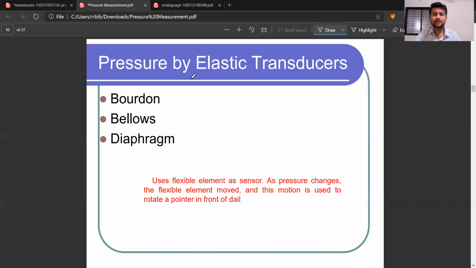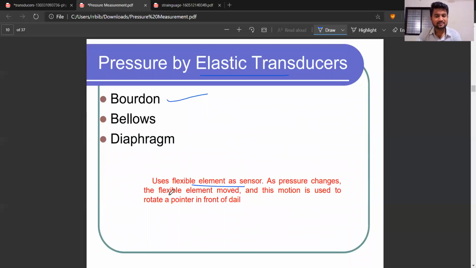Next, elastic transducers are also there. We have been discussing the Bourdon tube in the previous two or three video lectures. The Bourdon tube is nothing but an elastic transducer, which uses a flexible element as a sensor.